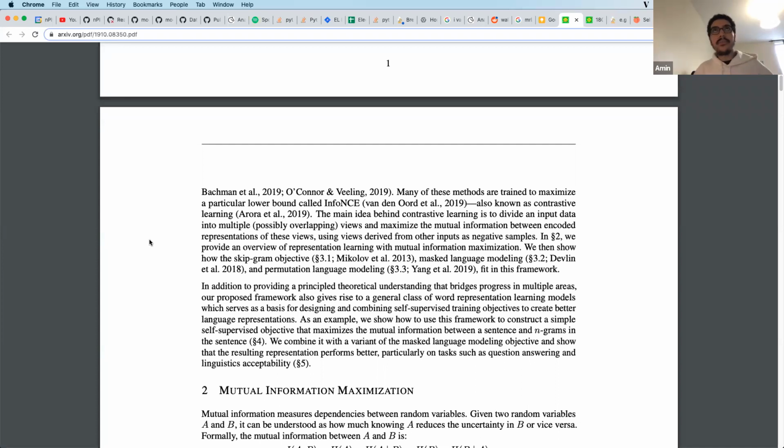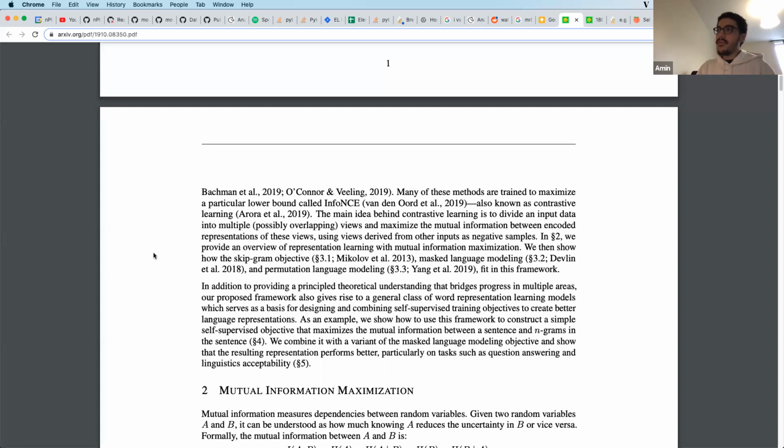So in the example of a sentence, you might take a word and the words surrounding that word, and you want to maximize the mutual information between these representations, and you want to do that against other inputs known as negative samples, which are outside of the context.